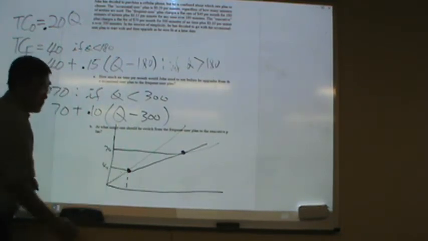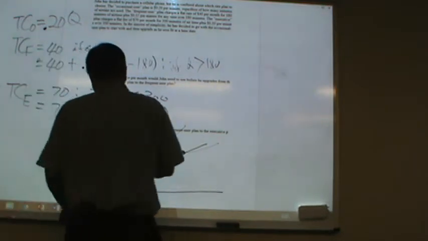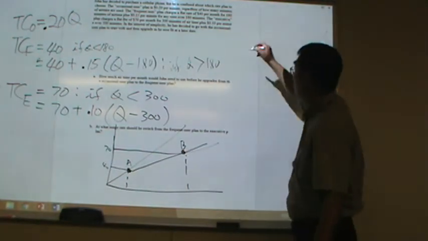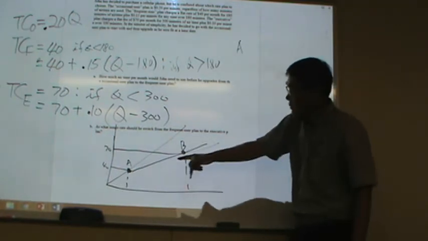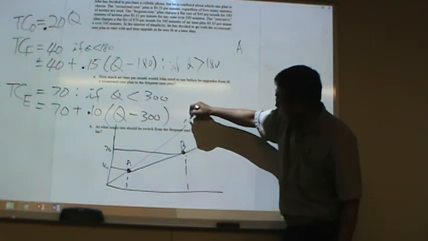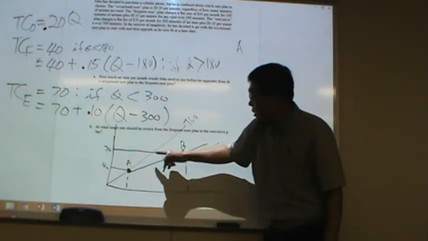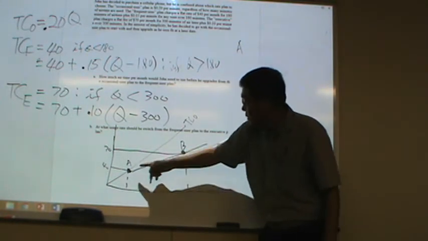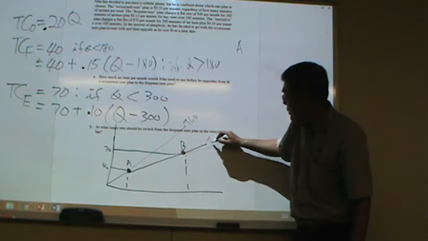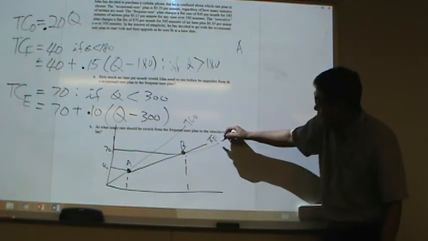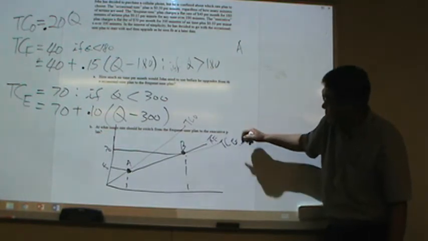The first point, let's say this one A and this one is B. On A, first one is TCO, second one is TCF, third one is TCE.